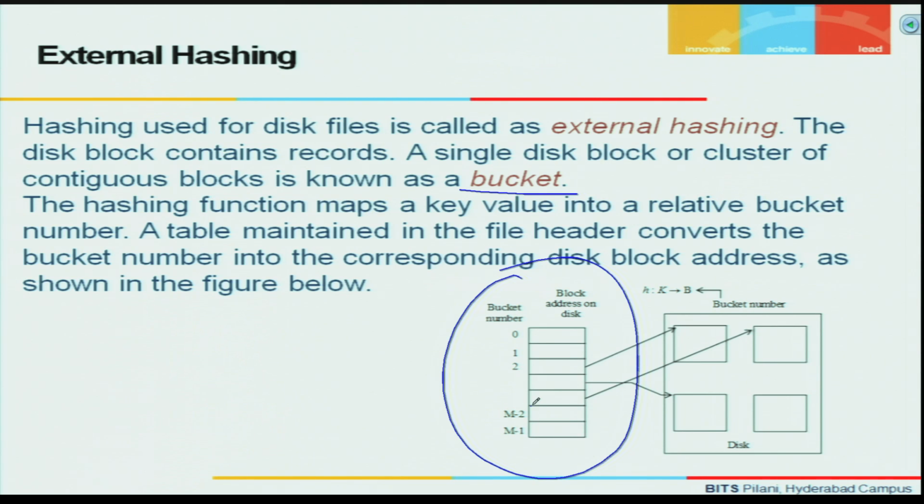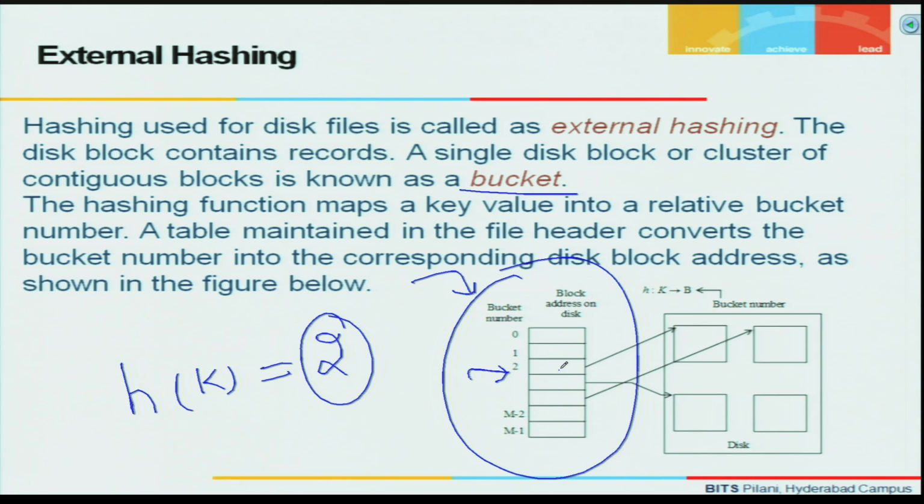A table maintained in the file header converts the bucket number into the corresponding disk block address, as shown in the figure. Let us assume there is a hash function h, and when applying it to a key value k it gives the result 2. It is not the block address, rather it is the relative bucket number. I go to this directory structure, or the table, and look for the entry with value 2.